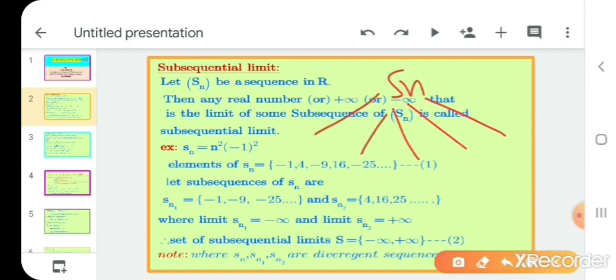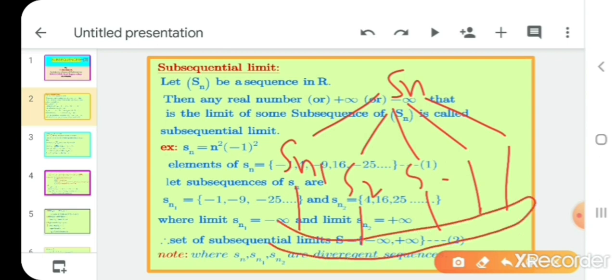Then we write some subsequences Sn1, Sn2, Sn3, and we find the limit of these subsequences. The limits of subsequences are called subsequential limits. If you write all these subsequential limits, we call it the set of subsequential limits.